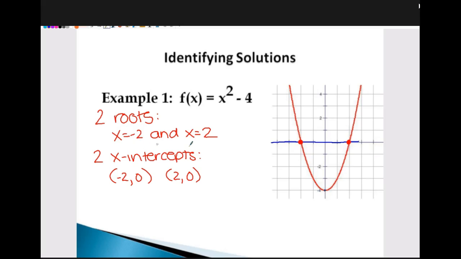So roots and x-intercepts are the same. We just write them a little different. The roots you write as x equals. The x-intercepts you write as coordinates. And we got those from the graph. So this has two solutions because it crosses the x-axis twice at -2 and 2.